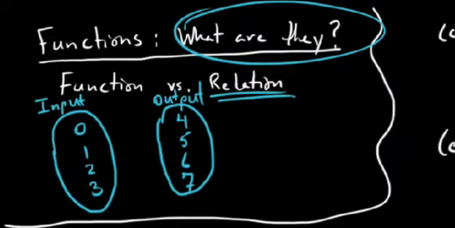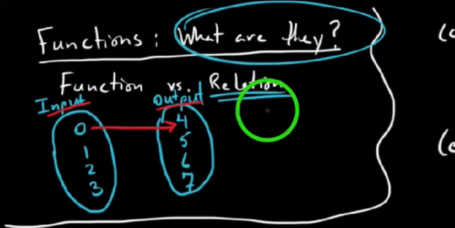We tend to define a relation as a relation between two different sets, and we tend to think of this as a series of input values that are mapping onto a series of output values. So it may be the case that in this specific relation, how set A relates to set B is that when we input the value of 0, that maps onto a value of 4.